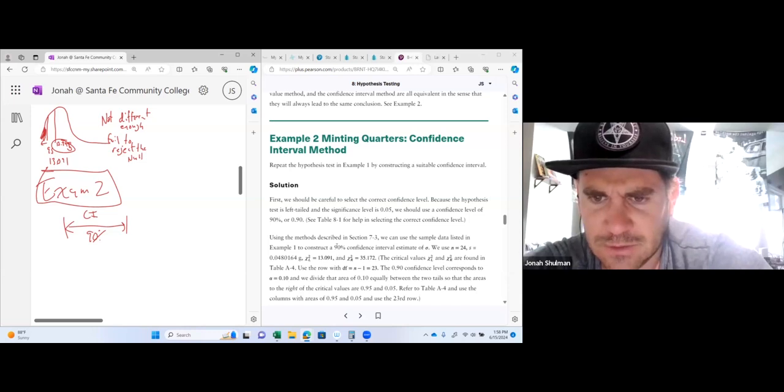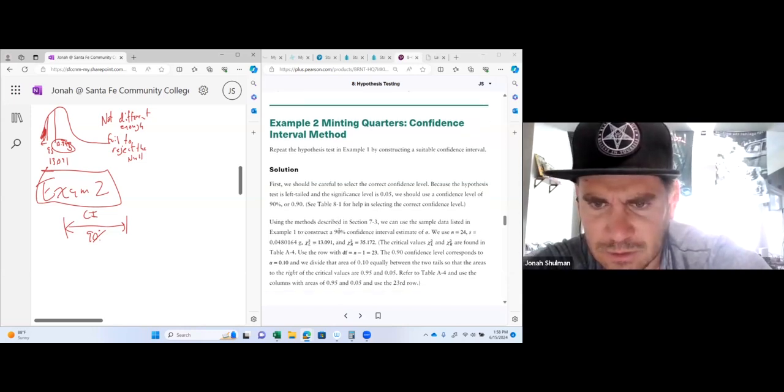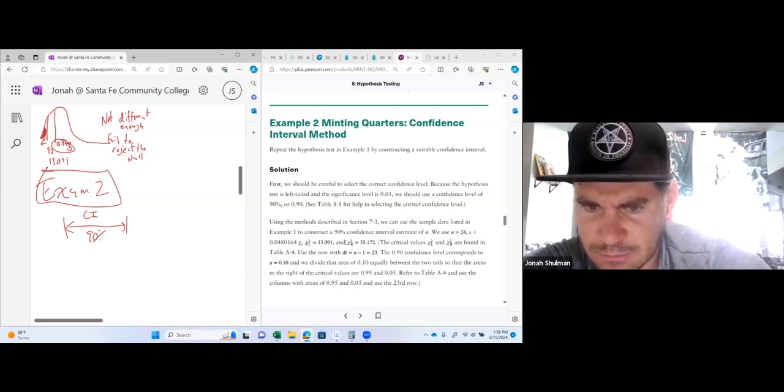All right, using methods described in 7-3, we can use sample data listed in example 1 to construct a 90% confidence interval. We will use n is 24, that is our sample. How they get chi-squared left and chi-squared right.